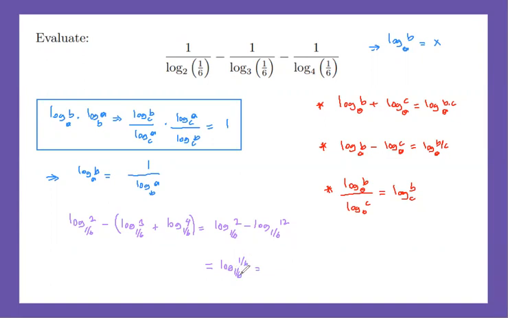Log base 1/6 of 1/6 is just 1, because this number to this power should give this number, and that's only the case if the result is 1. And the whole thing that we were looking for is equal to 1, and that's your final answer. I hope that makes sense, and this is just a good review of some of the key features of the logarithm. So I'll see you in the next video.